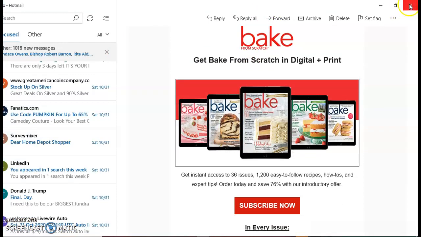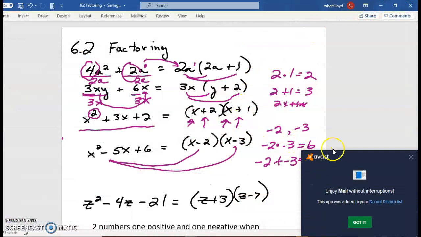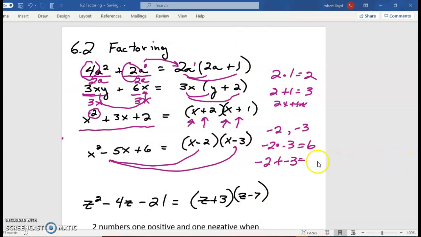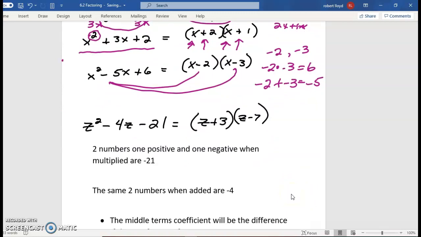And we're getting off the track here. Okay. So if we were to FOIL this, we would be right back to where we started. The next one, notice that the last term is negative.